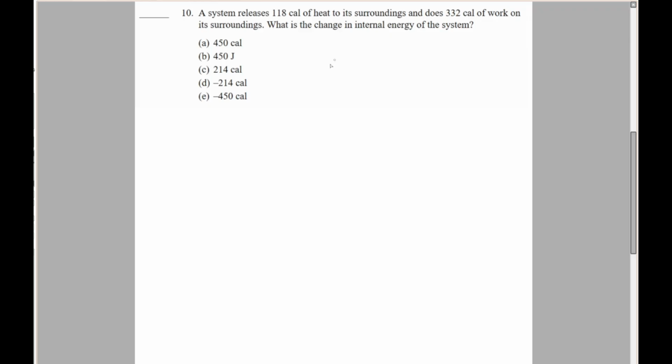Whenever a system is doing something and it's going to the surroundings, whether it's work or releasing heat energy or just energy in general, this is going to be negative because we're losing energy from the system and the surrounding is gaining energy. In the other direction, if the surrounding is doing stuff to the system, it's going to be positive because the surroundings are losing energy and the system is gaining it.